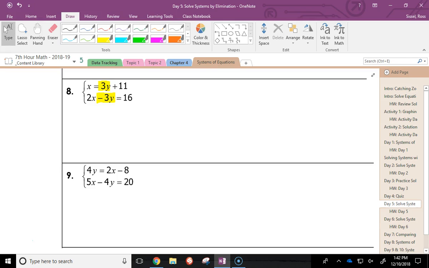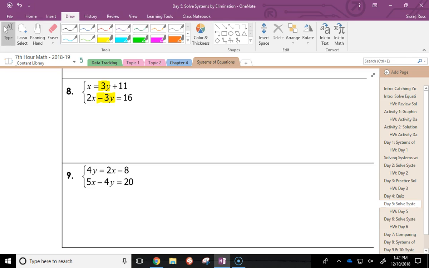Okay, how do I move them to line up? What do you think we do? Okay. Tyler? Listen up. On this one, you add 3y to the other side. Okay, good. So I have to solve. Since this one's solved for x, I just have to do the same thing.